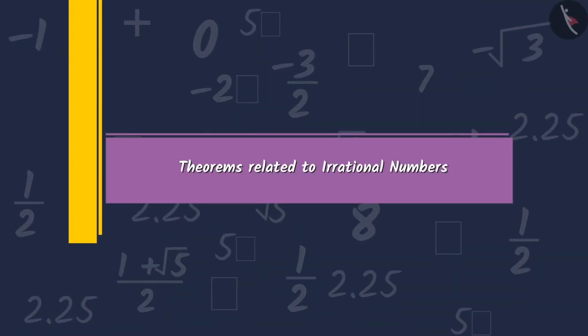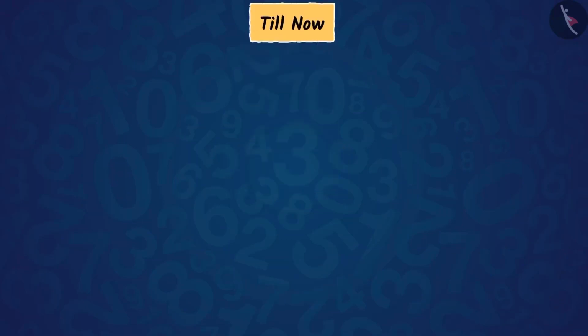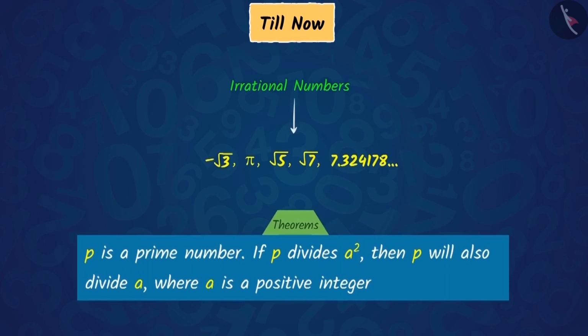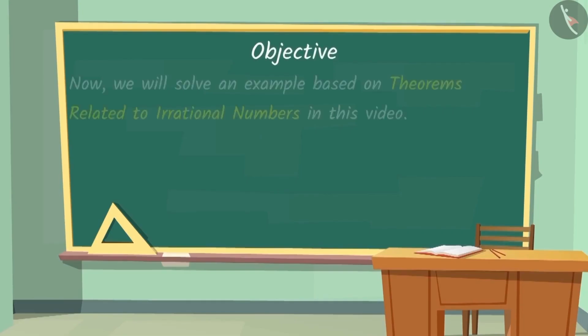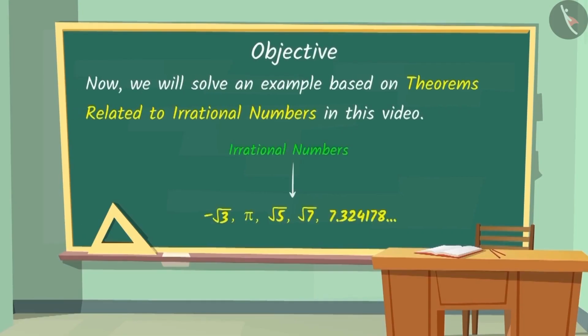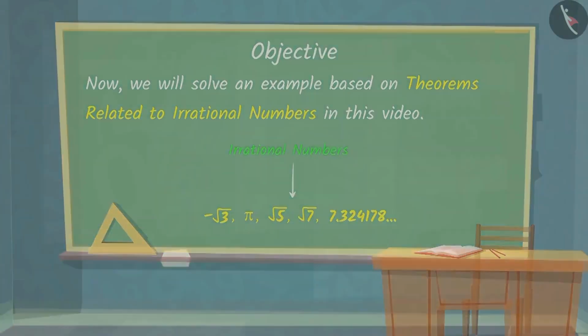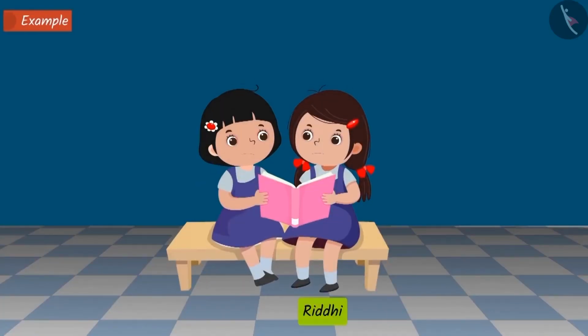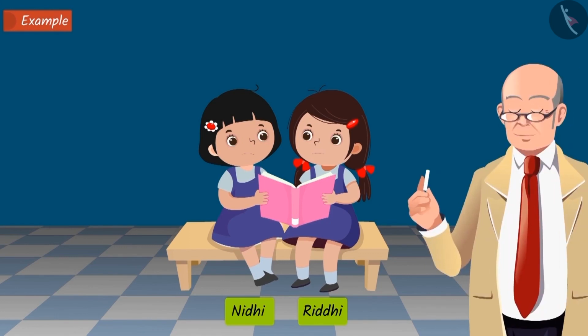We welcome you to this video. In our previous video, we had discussed theorems related to irrational numbers. Now, we will see an example based on this. Riddhi and Nidhi were discussing something between themselves in the class, when the teacher came and asked them, "What are you discussing?"